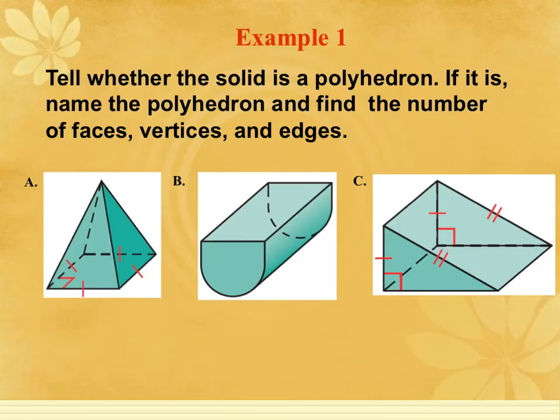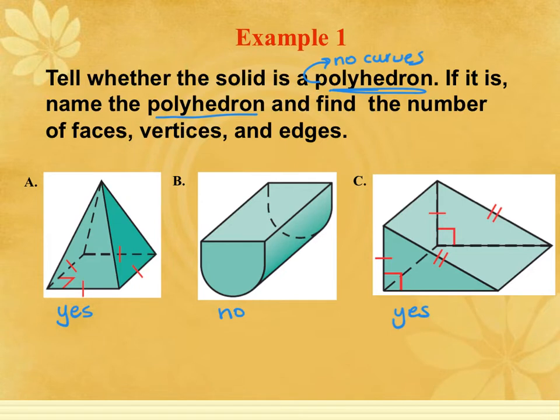All right, example 1 says, tell whether the solid is a polyhedron. If it is, name the polyhedron and then find the number of faces, vertices, and edges. So remember, a polyhedron can't have a curve, which means A is yes, B is no, C is yes. Then I want to take the polyhedrons and name them.